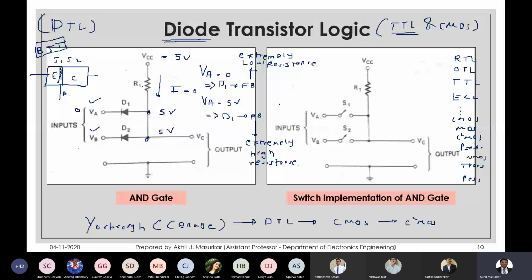Extremely low resistance means short circuit, and extremely high resistance is something like open circuit. So a device which short circuits and open circuits on application of VA, that is the voltage at one of the terminals, can be used as a switch.